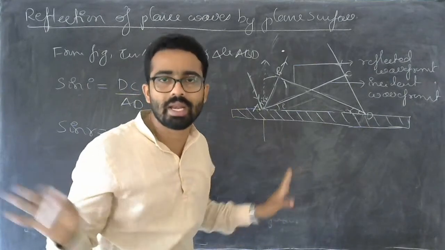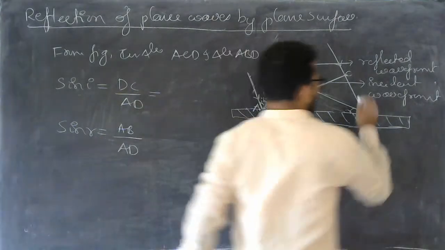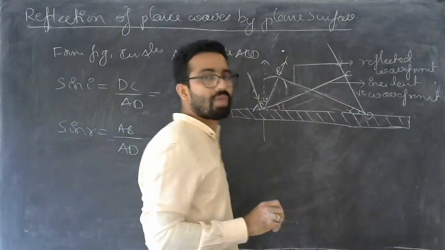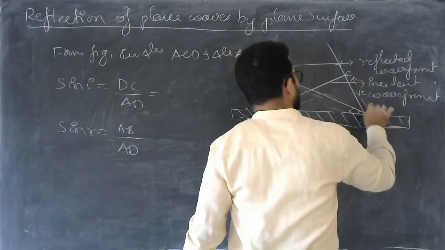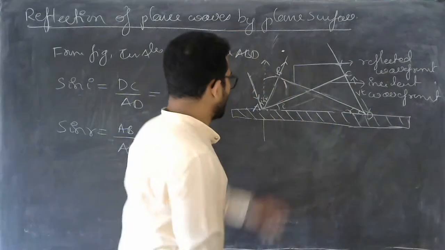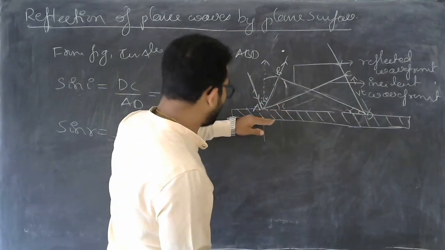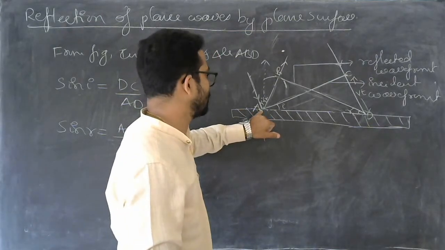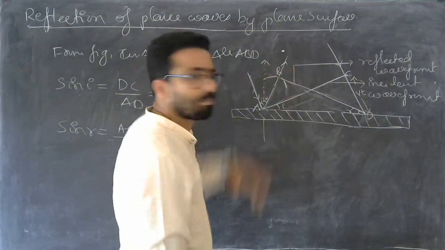It doesn't require two media. So in this medium, let us say it travelled with the velocity v. So this is the distance from C to B. At the same time, whatever wave reaches the point A will also travel a distance to B.